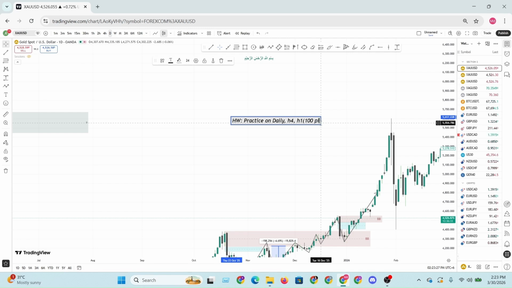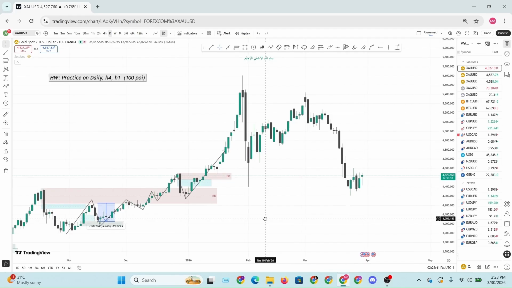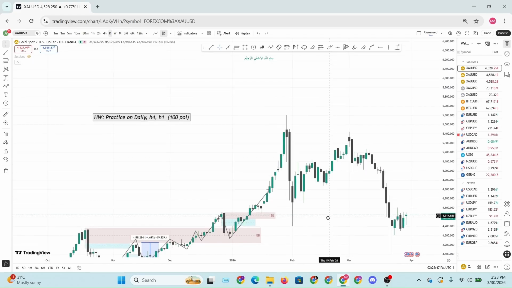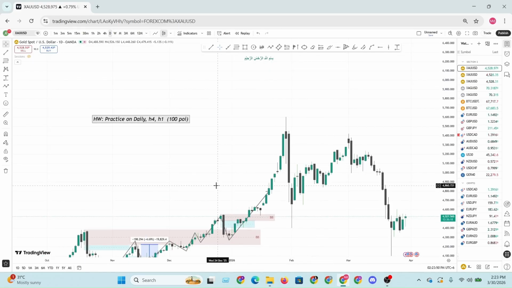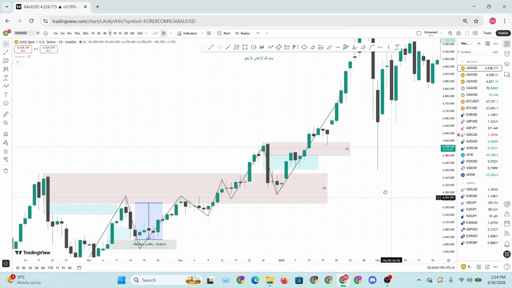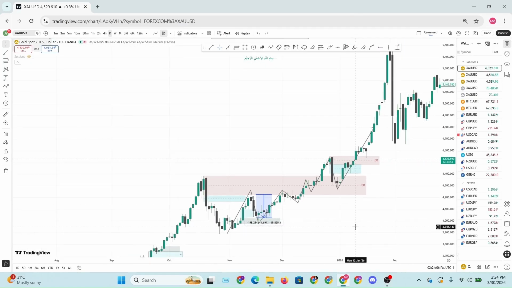Practice hundreds of POIs and observe how the market actually moves from these levels and particular areas, because these are the levels where the big orders are placed, and the market will change its direction from there.